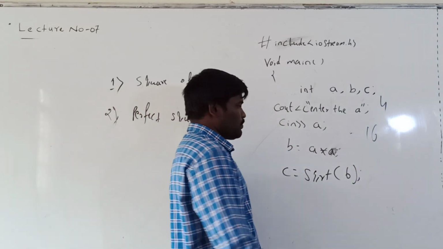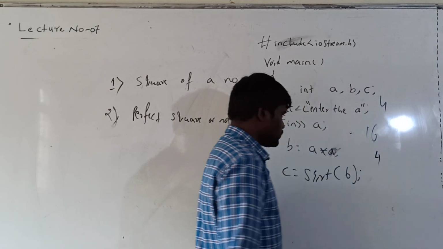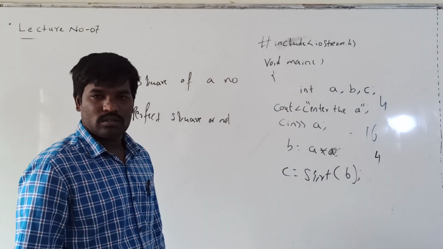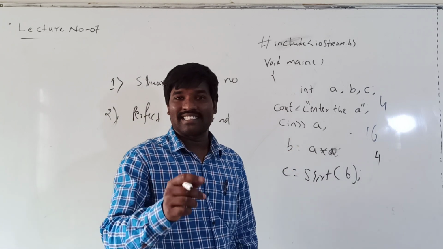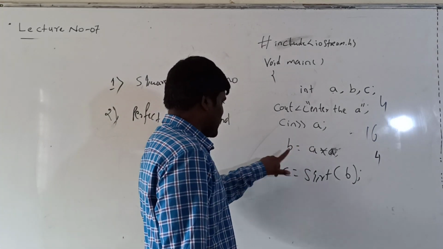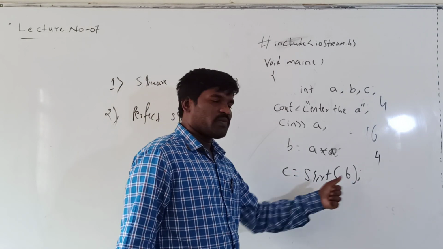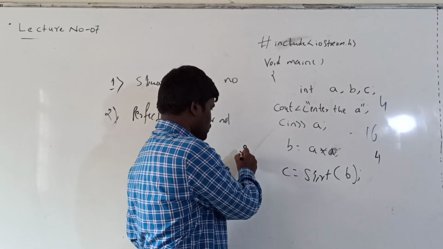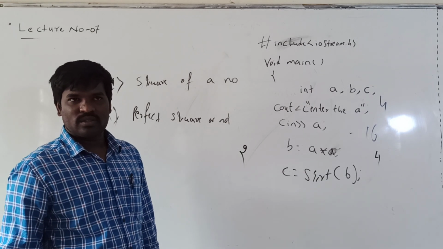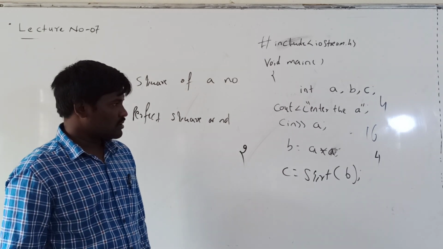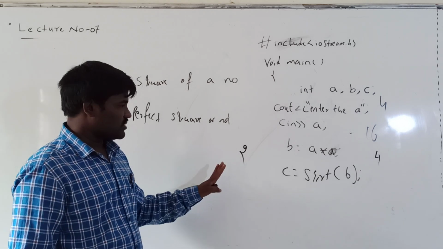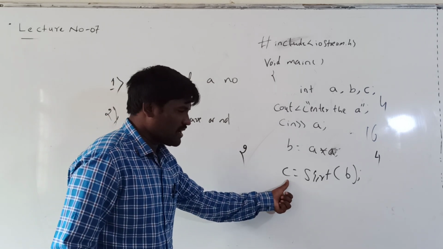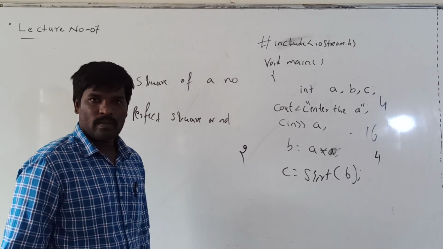If I give the input value as 4, 4 into 4 is 16, and 16 is stored in b. The square root of 16 is 4, so the c value is 4.